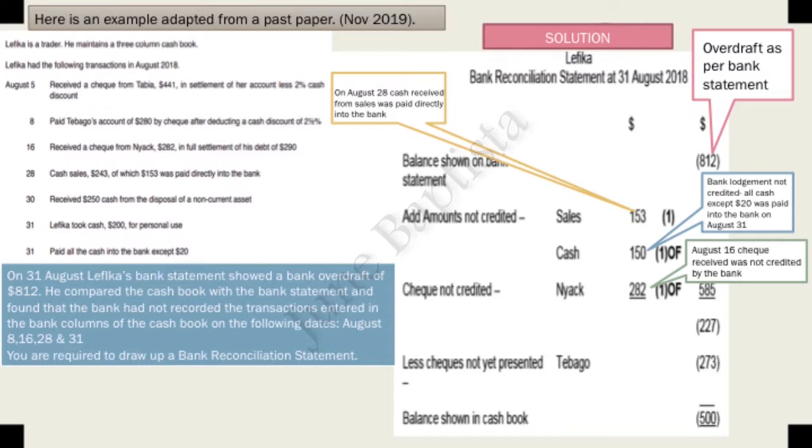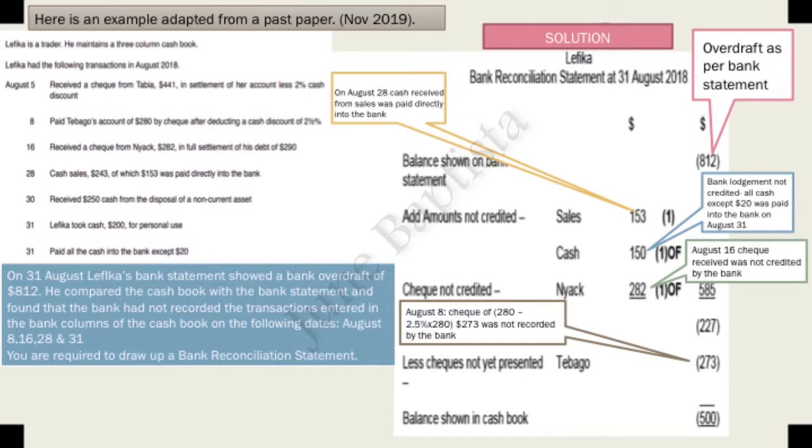We now deduct checks not yet presented. On August 8th, you received a check from Tobago of $273 in full settlement of his account of $280 less 2.5% cash discount. This is now deducted.